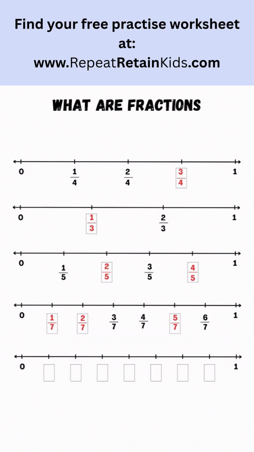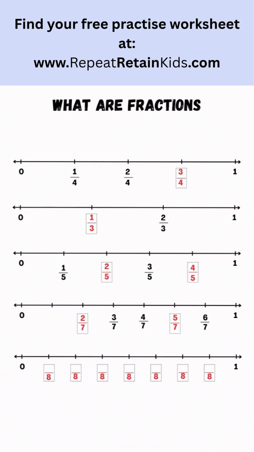Right, now we're going to go look at this one, 0 to 1, and we've got nothing written in here. How do we work this one out? We're going to work out how many pieces it's cut into. 1, 2, 3, 4, 5, 6, 7, 8. Our denominators are going to be 8 here, so let's go put them in.